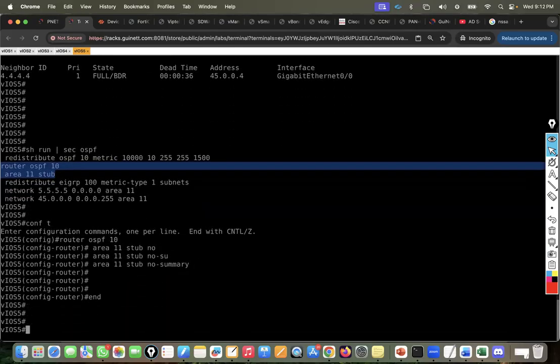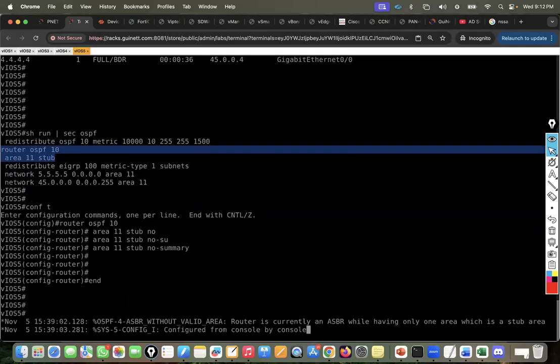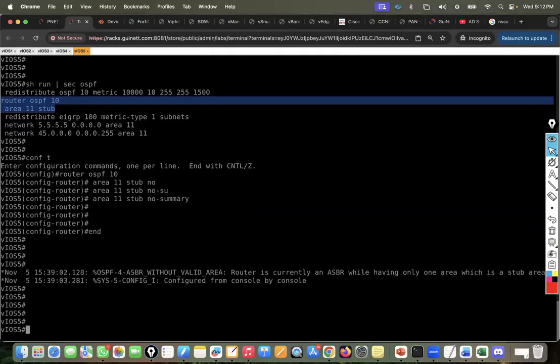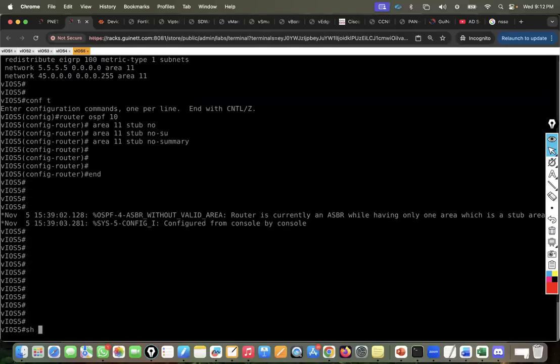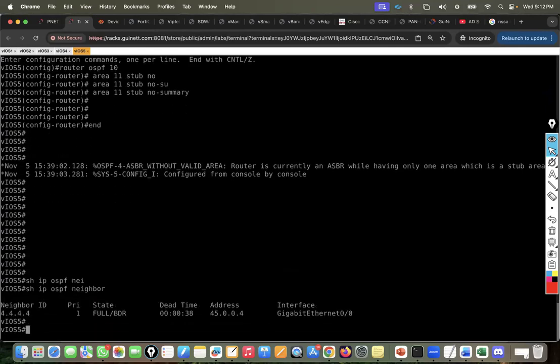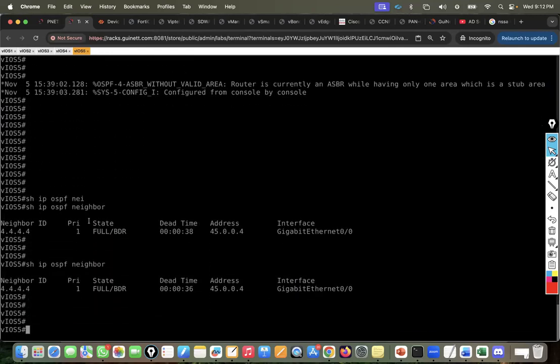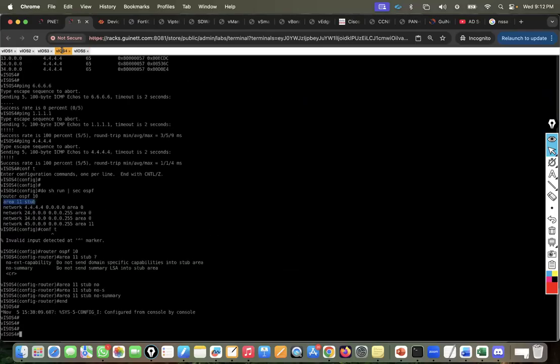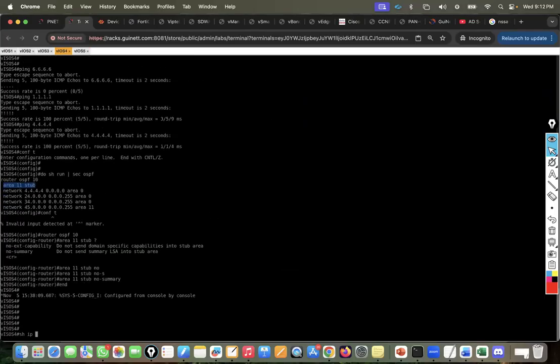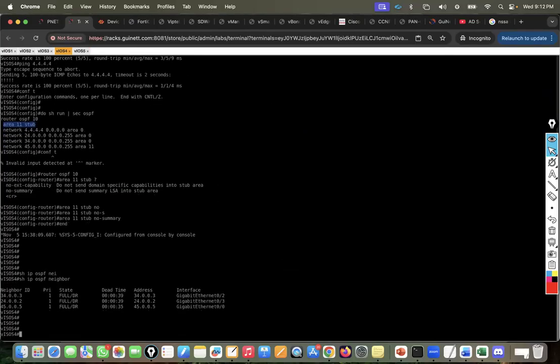Okay, now see, it's come up again. Let me show IP OSPF neighbor. Yeah, now it's come up. So it went down, you can see. It came late, but now we have the OSPF neighbor.